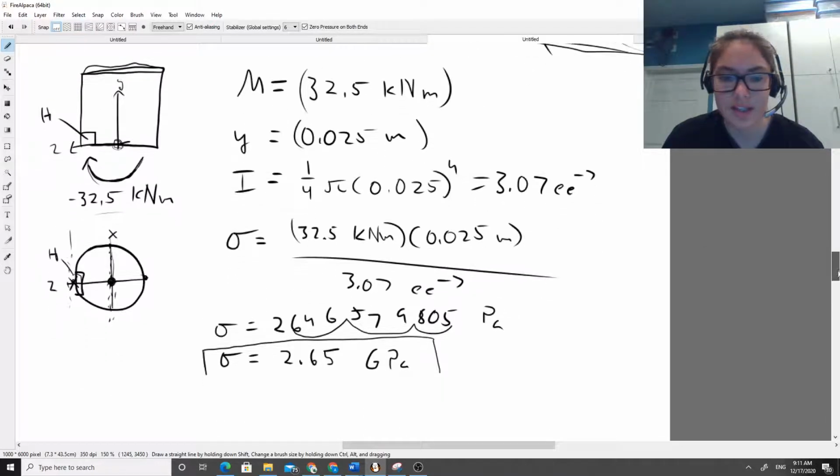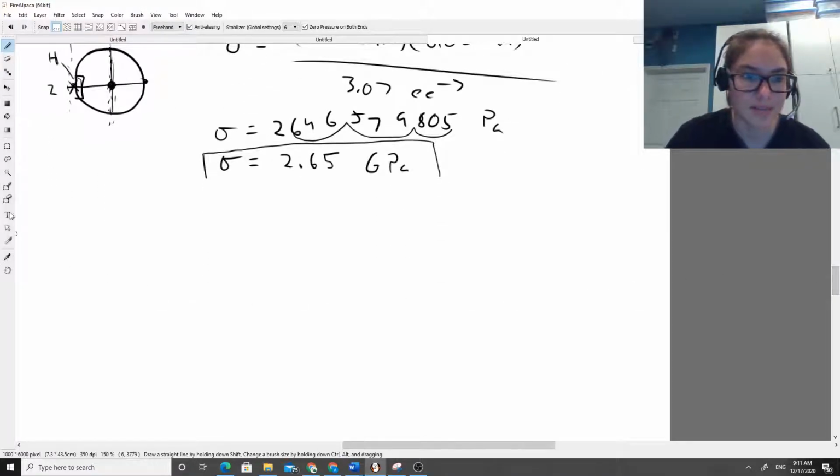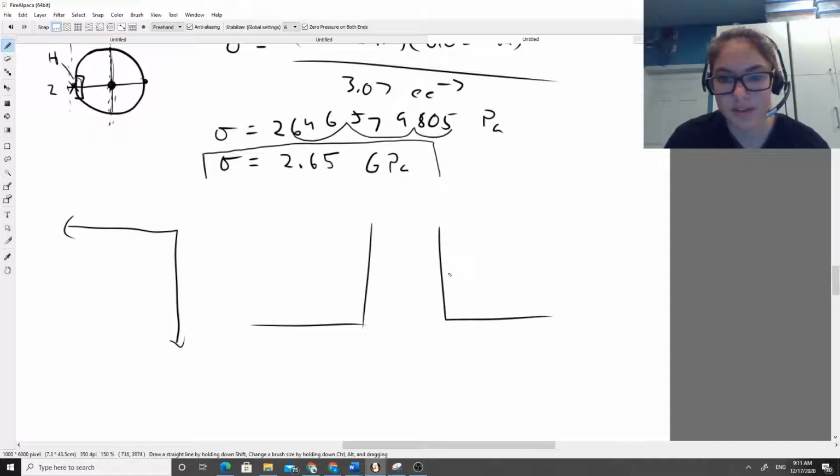Let's go ahead and create the stress blocks for this and figure out where exactly this is acting. So that's a stress block. That's a stress block.